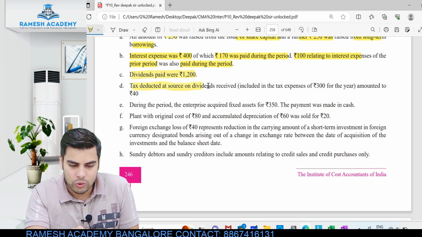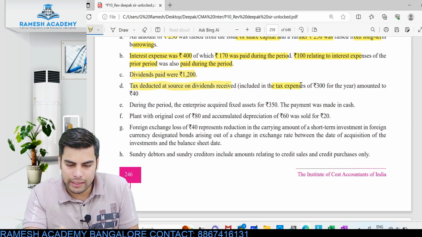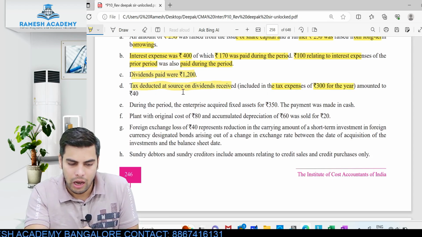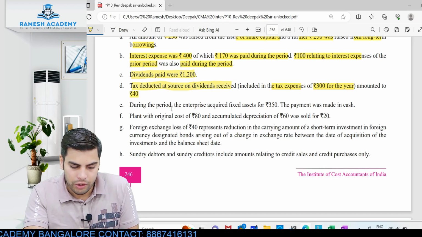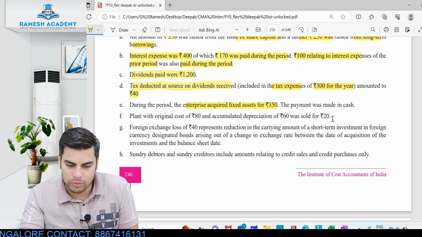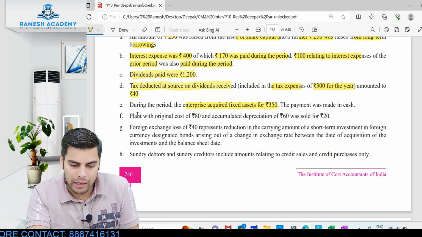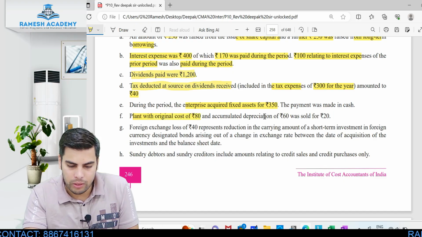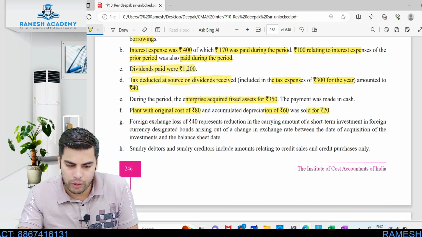Tax deducted at source on dividend received, included in tax expenses of 300 for the year, amounted to 40 rupees. During the period, the enterprise acquired fixed assets of 350. The payment was made in cash. This is an outflow. Plant with original cost of 80 and accumulated depreciation of 60 was sold for 20 rupees.